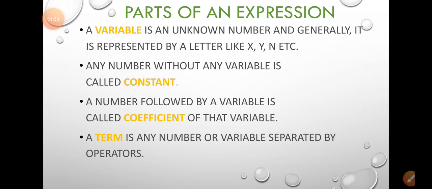So a variable is an unknown number and it is generally represented by a letter. Any letter you can use, but generally we represent it by x, y, n, a, b, c, like this. You don't know the value of the alphabet. With respect to each question, the value keeps on changing. That's why we call it a variable.